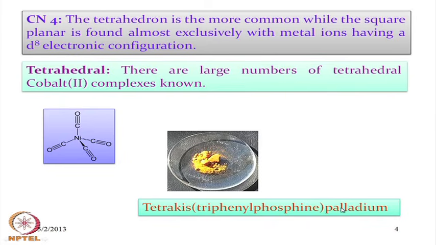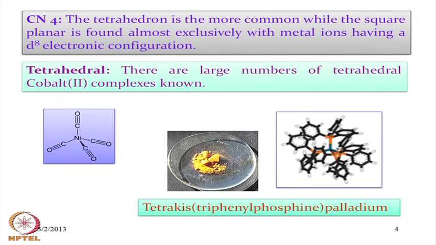These are the 3 most possible arrangements for palladium, but if we go for the palladium 0 oxidation state, the size of the palladium would be higher compared to palladium 2+, and we expect that we can accommodate 4 such triphenylphosphine groups surrounding this palladium in a geometry very similar to tetracarbonyl nickel. That means, a typical tetrahedral geometry, and it is a bright yellow compound that we can make, and the geometry is definitely like this, a tetrahedral geometry.